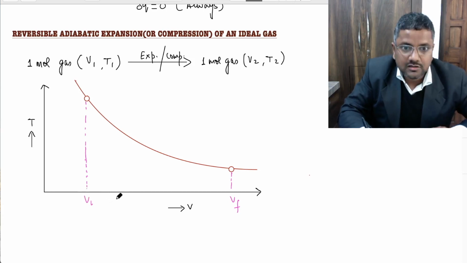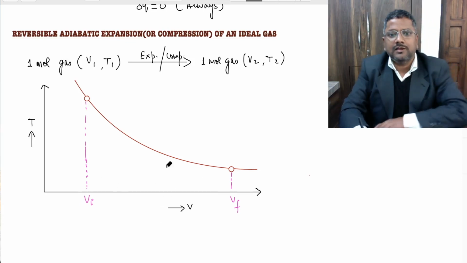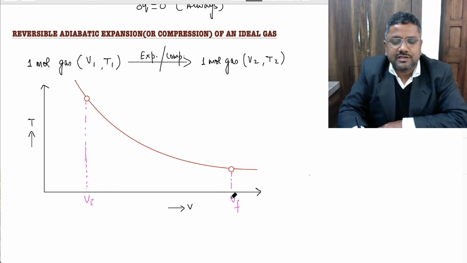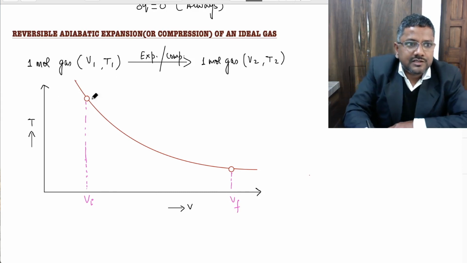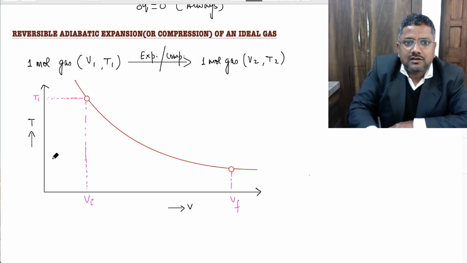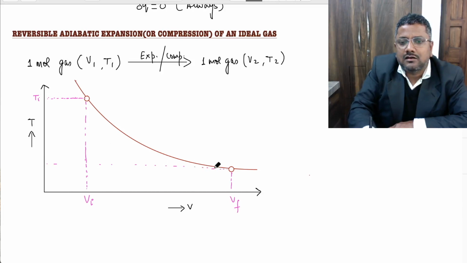Okay, this is V initial, this is V final. And this is T initial, and this is T final.